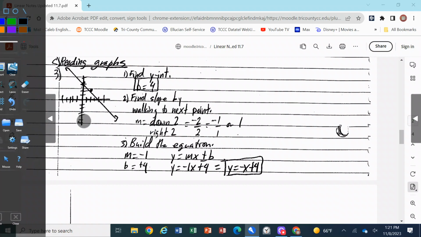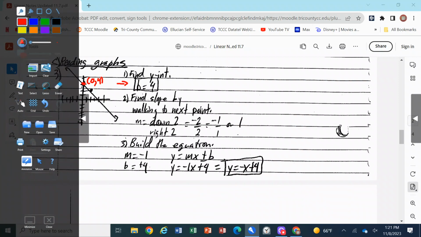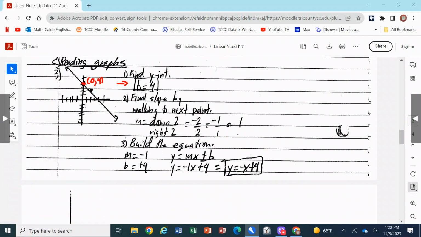So the first thing that you do is you still find your y-intercept. We know that it is positive 4, right? So 0, positive 4. There's our y-intercept right there. Then walk the slope to find the next point on that line.